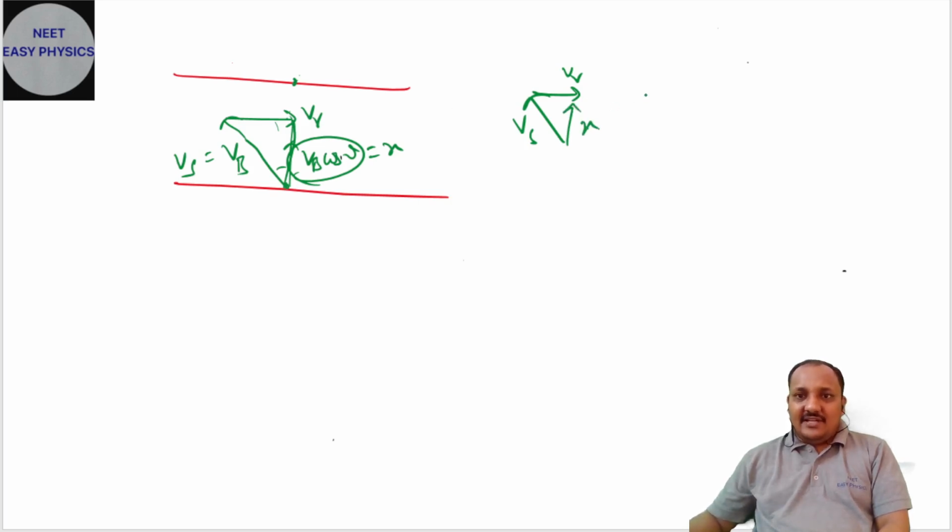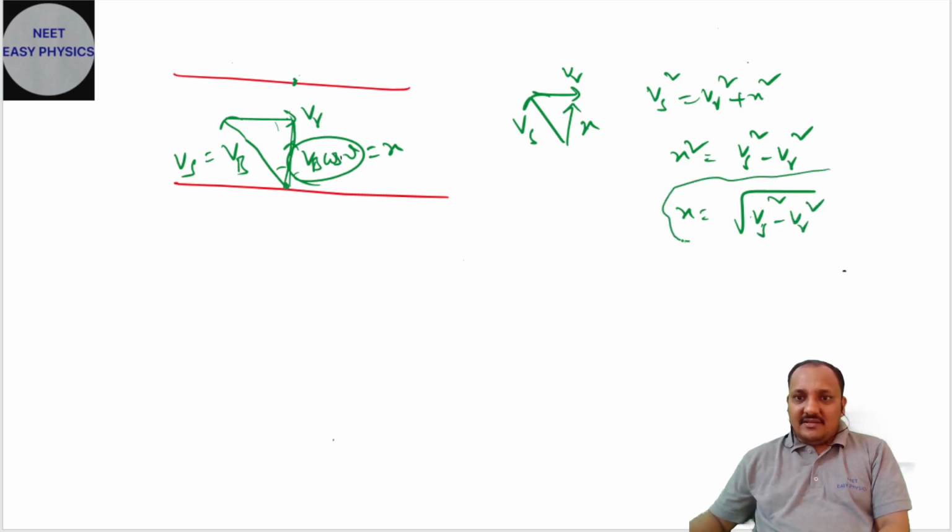So to calculate this x, what should we do? Vs square equal to Vr square plus x square, and x square equal to Vs square minus Vr square. Then x equal to root Vs square minus Vr square. So the velocity of the swimmer in this direction is root of Vs square minus Vr square.